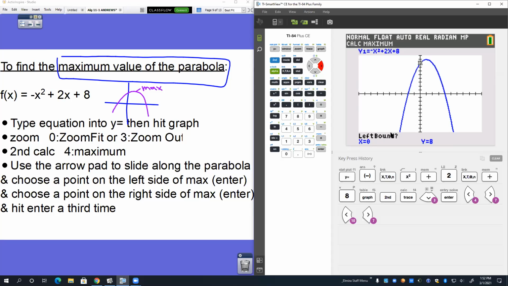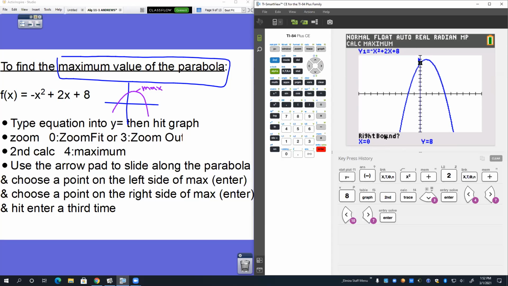What that's asking you to do is pick 2 points. You're going to have to pick one point on the left-hand side of the max or the min, and then one on the right-hand side of it. So right now where my little blinky thing is, our maximum is right there. This is on the left-hand side, so I can hit enter.